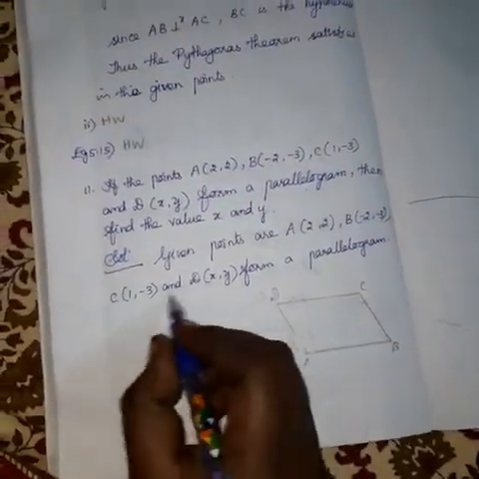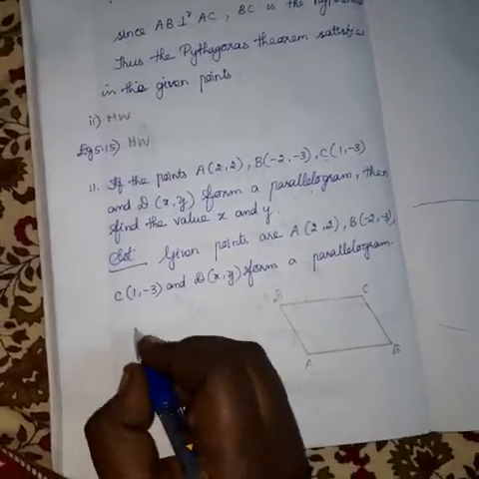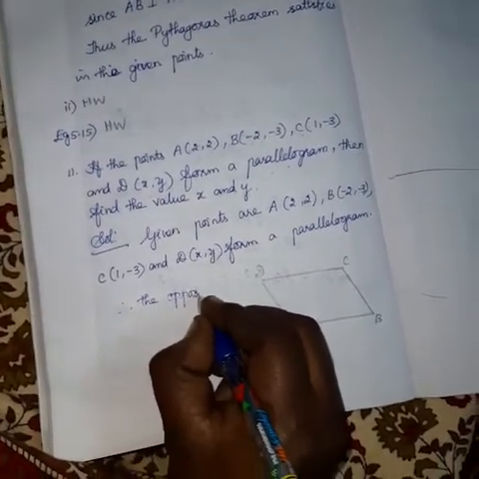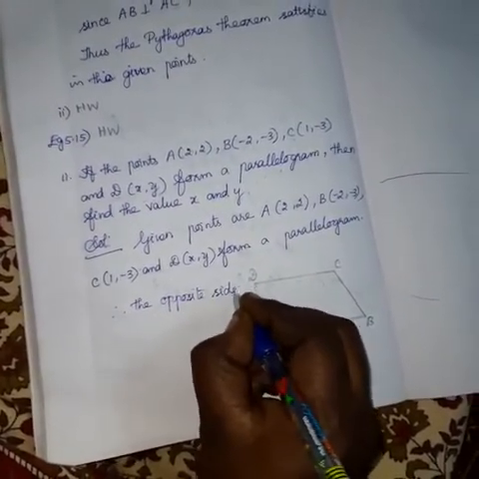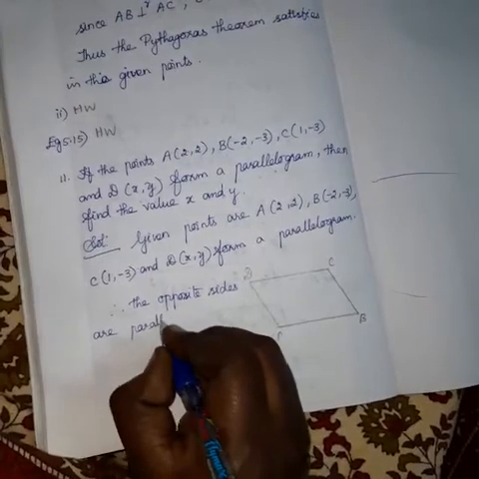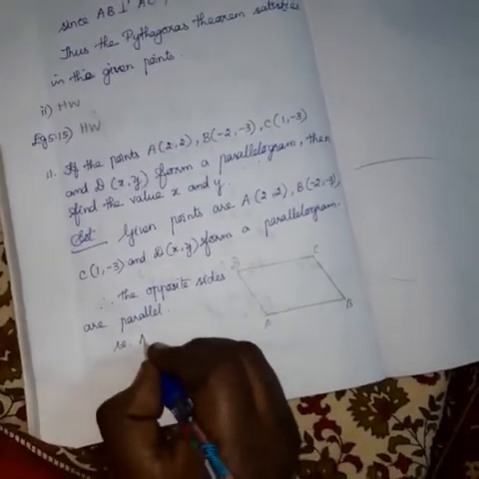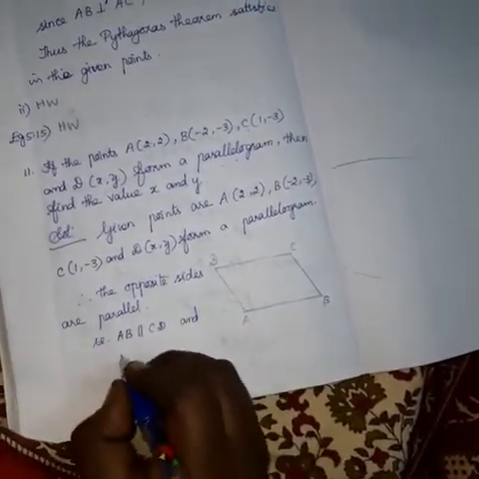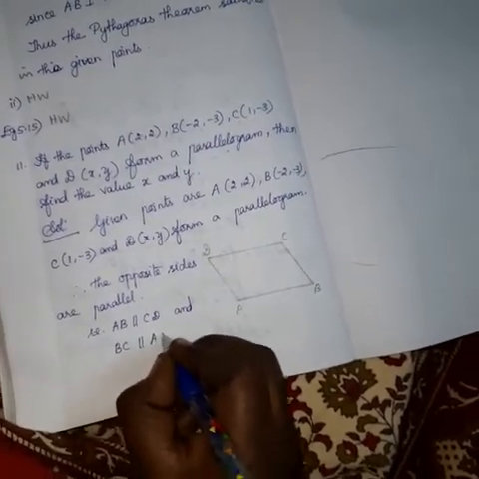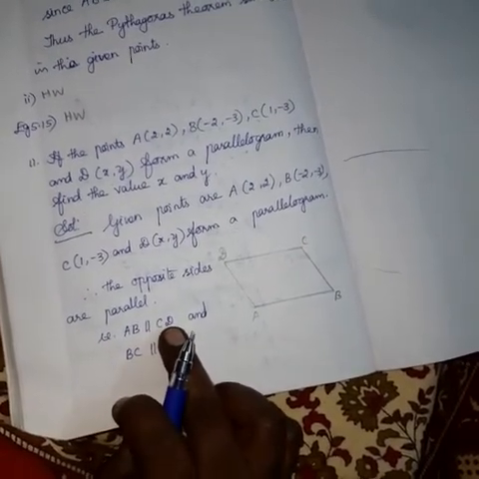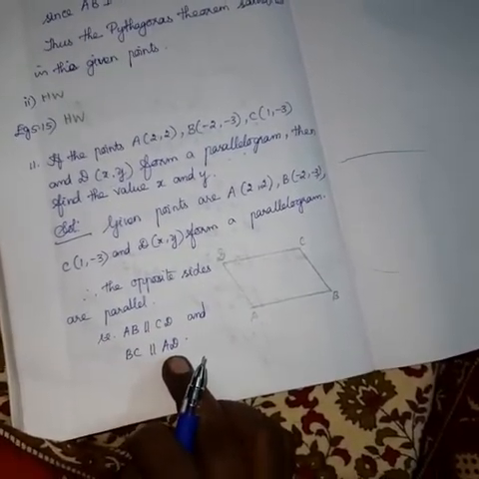So we can write, since the points form a parallelogram, therefore the opposite sides are parallel. That is AB parallel to CD and BC parallel to AD. Now you can say the slope of AB is equal to the slope of CD, and the slope of BC is equal to the slope of AD. It is the condition.